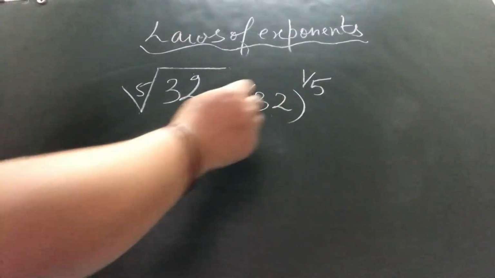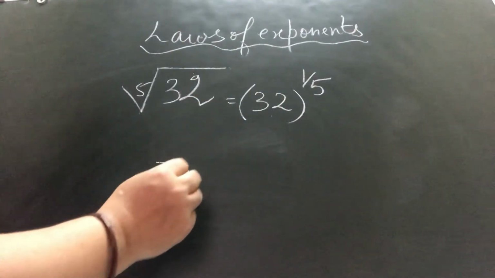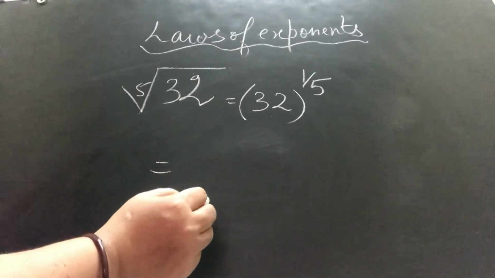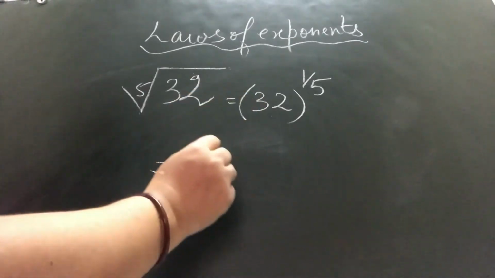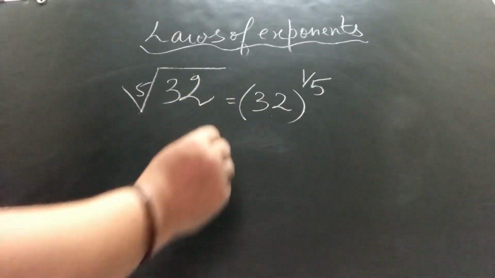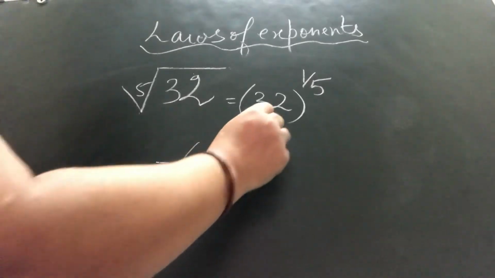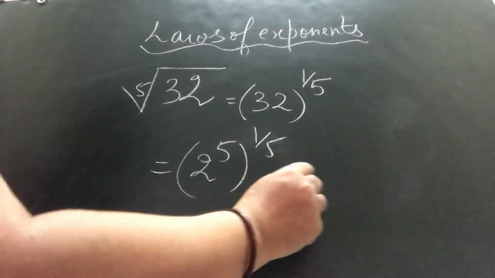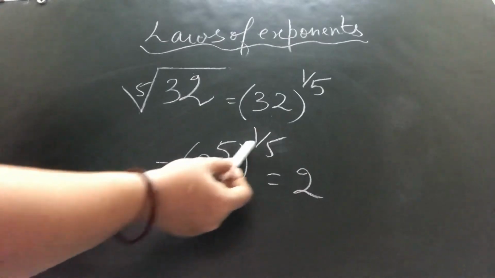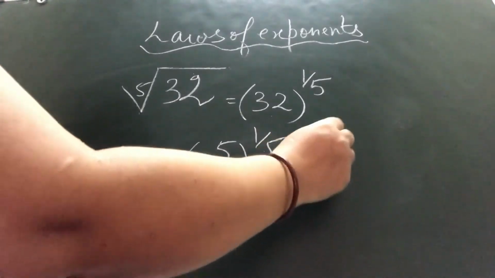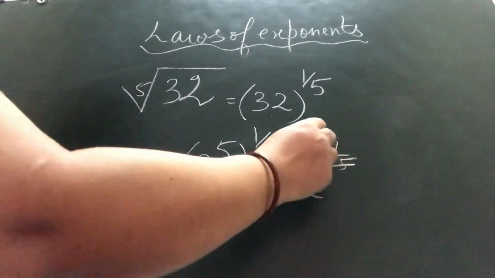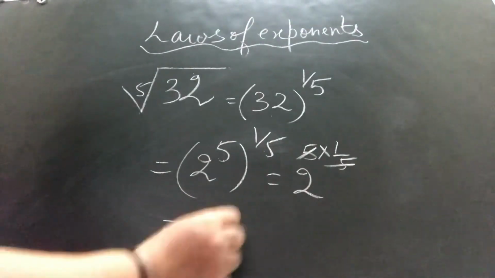Then you have to simplify the base. 32, if you have taken LCM of this 32, we have 2 into 2 into 2 into 2 into 2, that is 2 to the power 5. Now see, further we have to apply powers multiply each other. So you have 2, right?